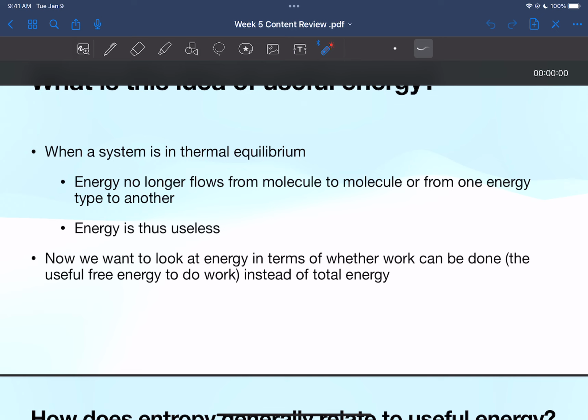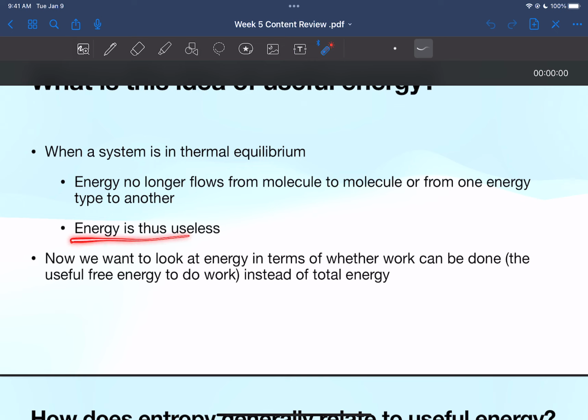Once they have achieved that equilibrium, energy no longer flows from molecule to molecule, or from one type of energy to another. There's no transfer of energy anymore in that sense.